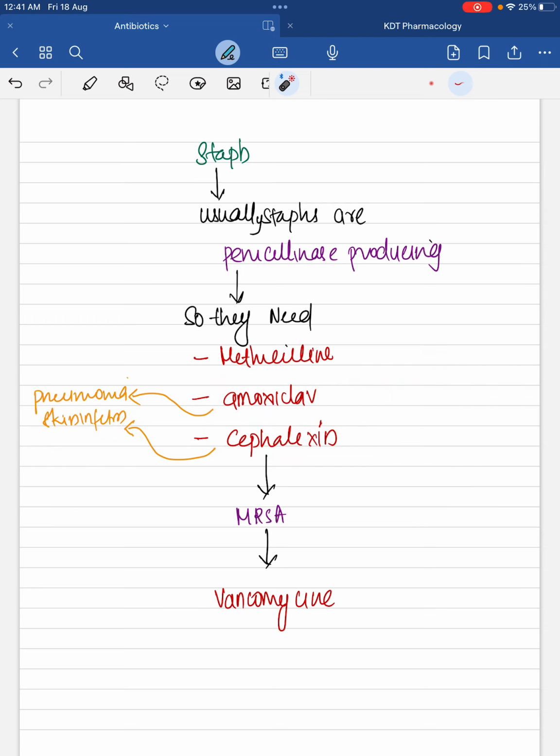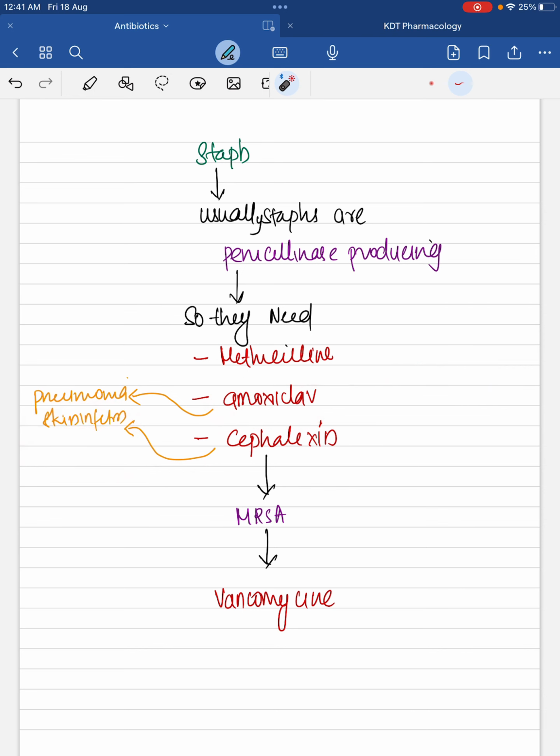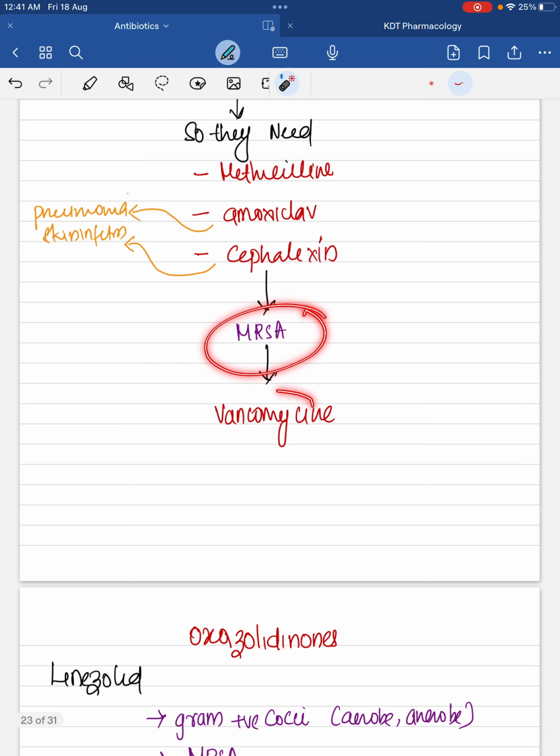But skin infection is mainly by staph only, and cephalexin mainly has only staphylococcal coverage. So in skin infection we can choose cephalexin instead of amoxiclav. Why? Because with amoxiclav we are giving unnecessary gram negative and gram positive coverage, but we need only staphylococcal coverage in a skin infection. So skin infection, oral drug cephalexin, and if it becomes MRSA, vanco.